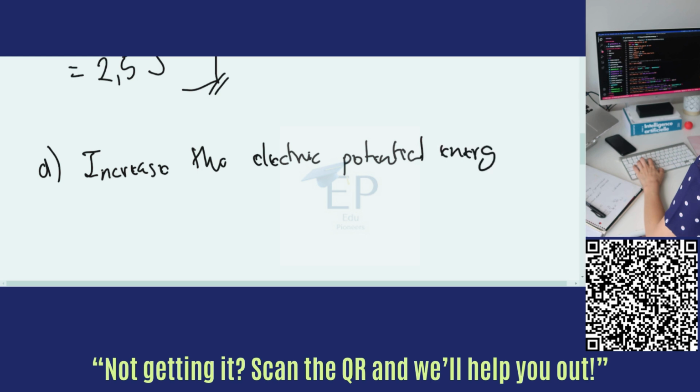This is because we have obtained a positive value, so since we have obtained a positive value, we will increase the electric potential energy of the system of three charges. So this is it for this problem. Thank you.